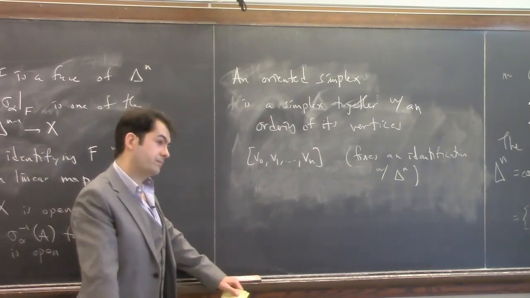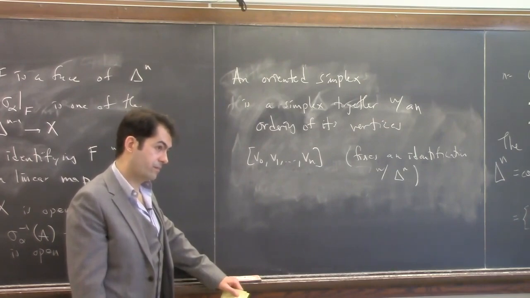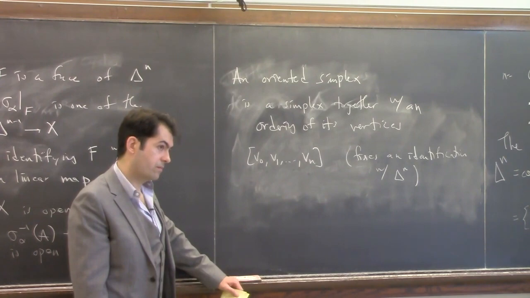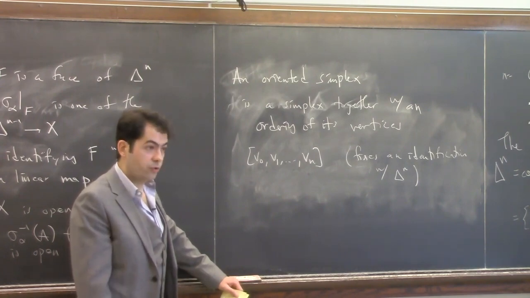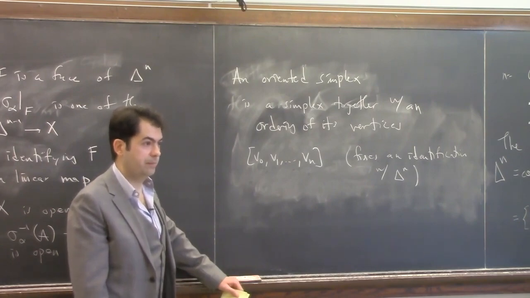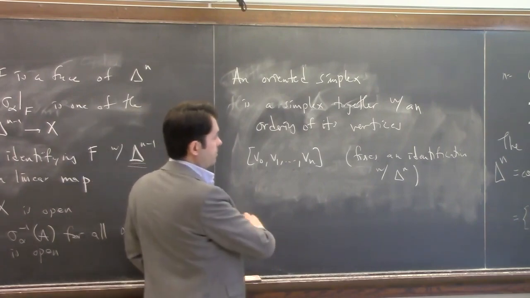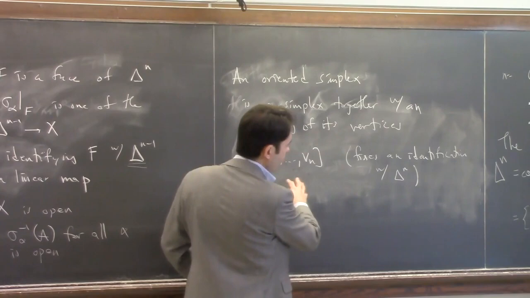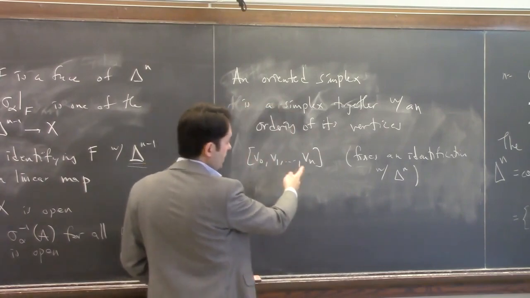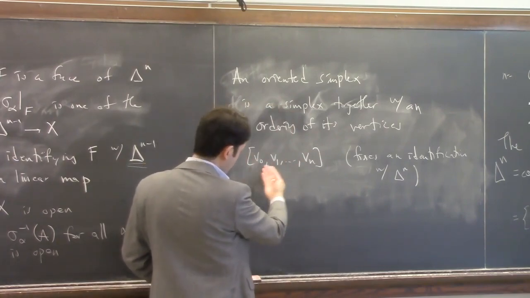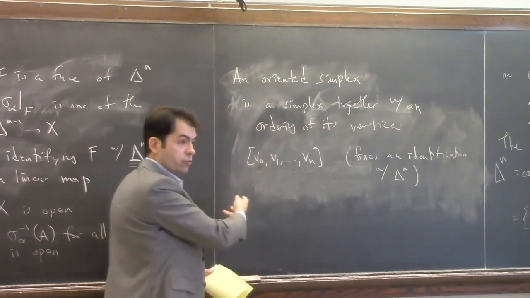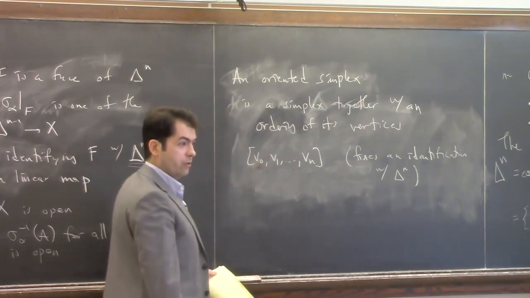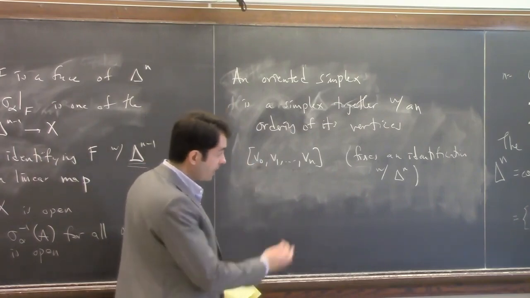So the orientation isn't the full permutation. Is it whether the permutation is even or odd? Yeah, 2 orderings are going to be equivalent if and only if the permutation between them is even. You will see when we start computing that you don't really care where you start, you just care what order they're in, up to that.